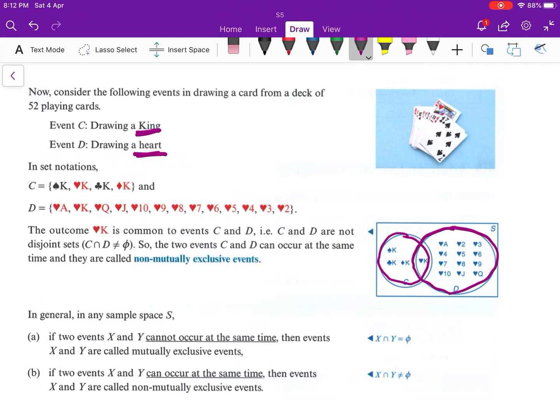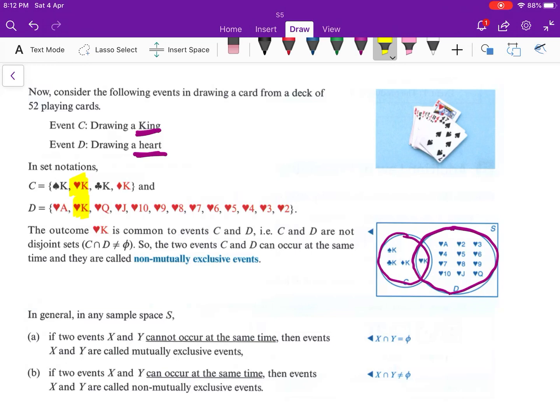If you take out all the hearts, one of them will also be in event C: the king of hearts, because this card belongs to both event C and event D. So these two events have some relationship, as one element is the same. Here we can't say they have no relationship, so we call it a non-mutually exclusive event.